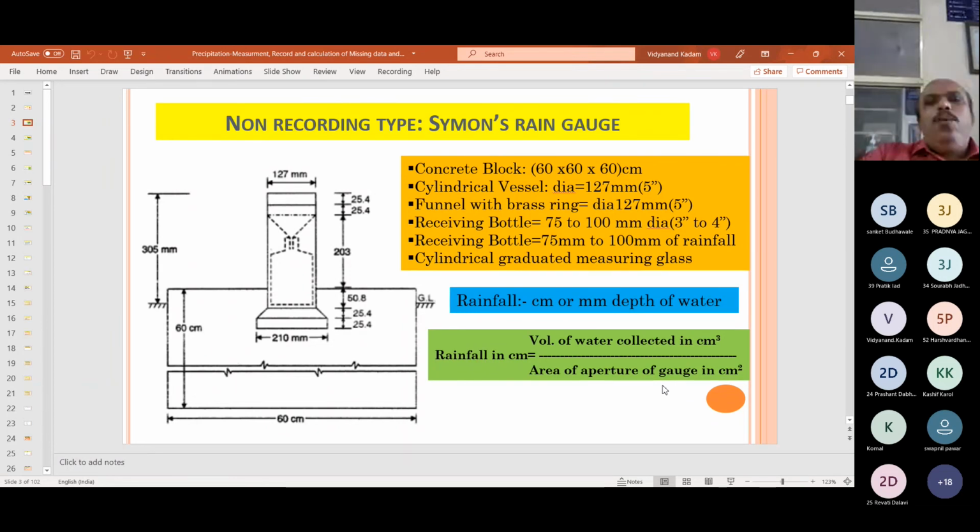This is how, with the help of the Symons rain gauge, the measurement is taken and rainfall is recorded.